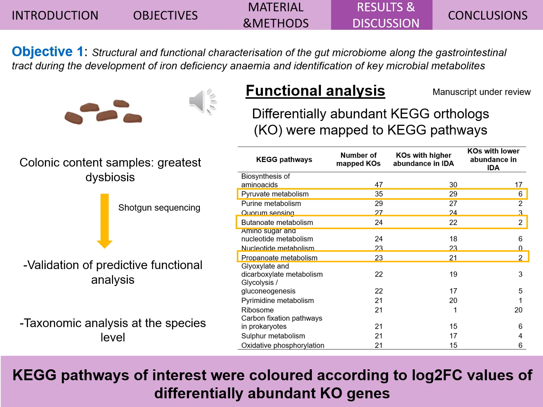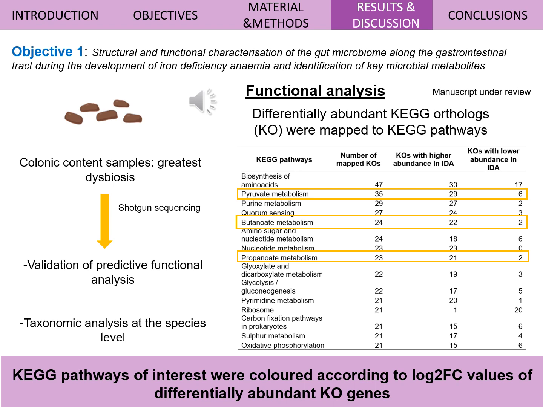To delve further into the taxonomic analysis at the species level and to also validate the predictive functional analysis on 16S rRNA sequencing data, we performed shotgun sequencing on the region showing the greatest dysbiosis, which was the colon.